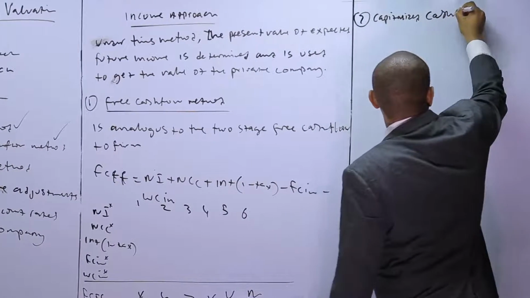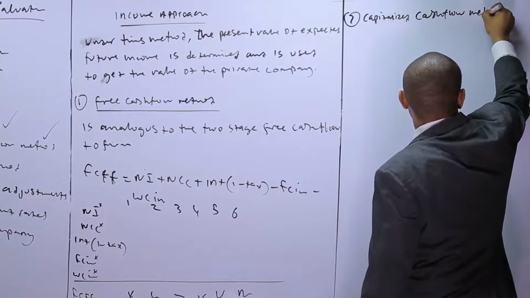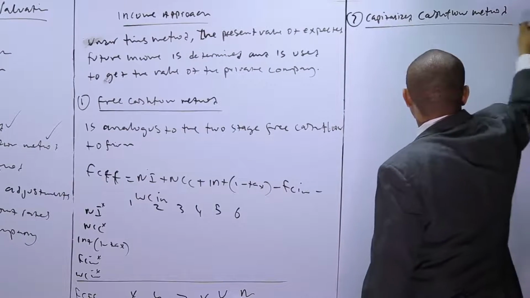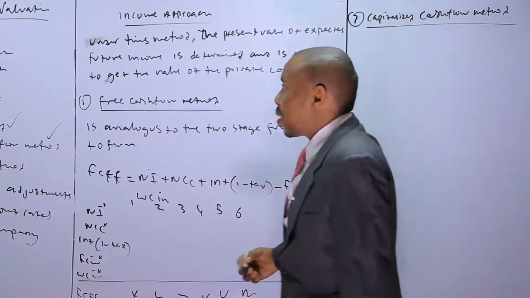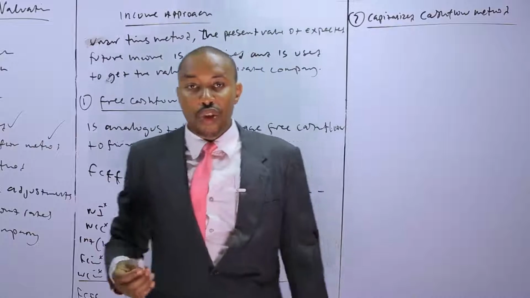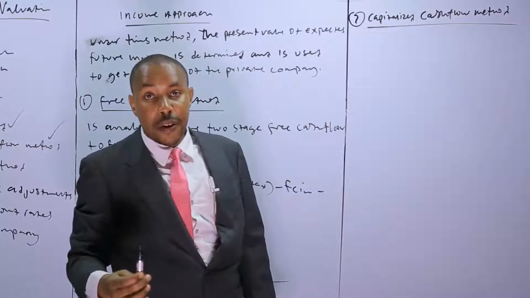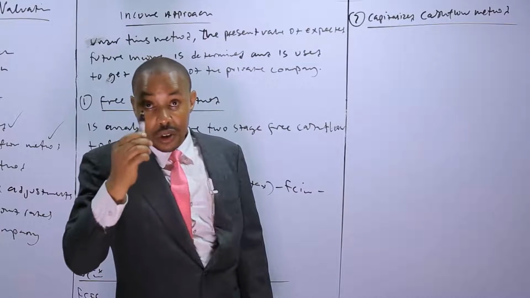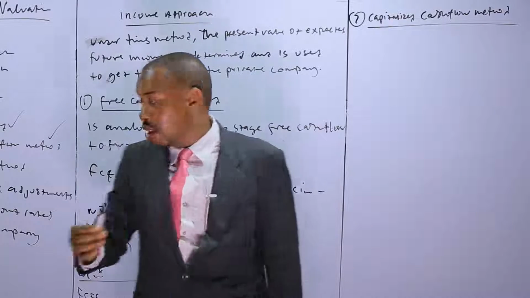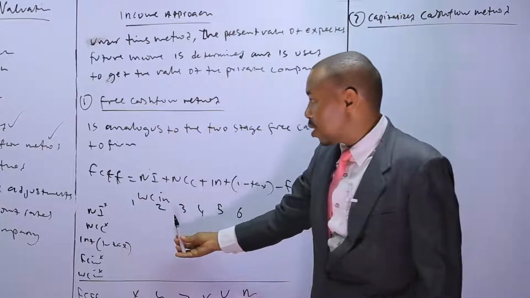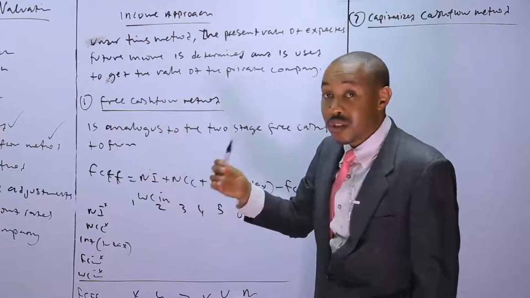Under the capitalized cash flow method, it is the computation of the FCFF based on a single stage, not two-stage. The free cash flow method uses the two-stage model.